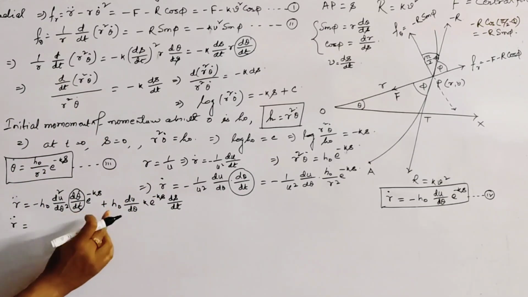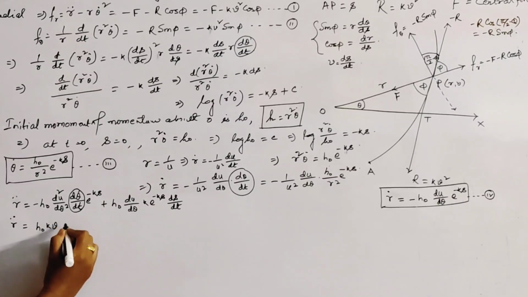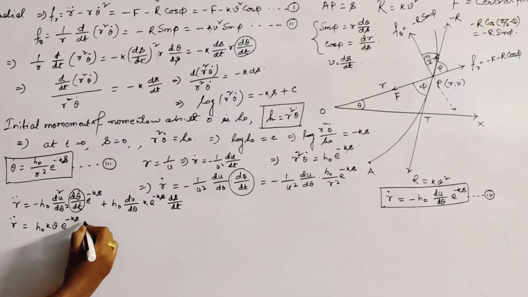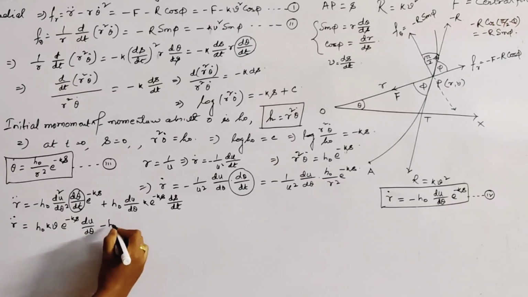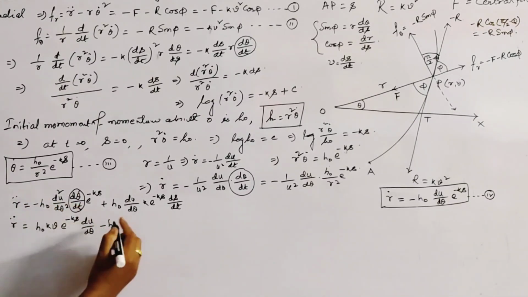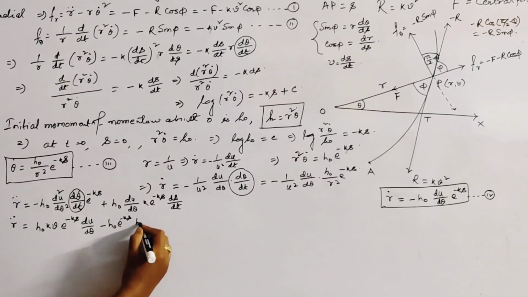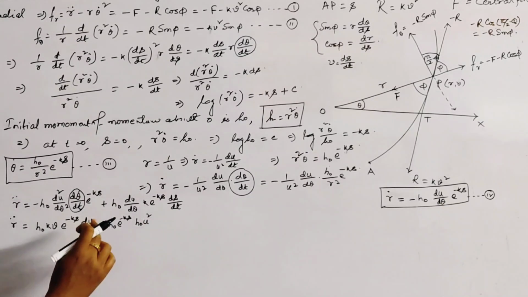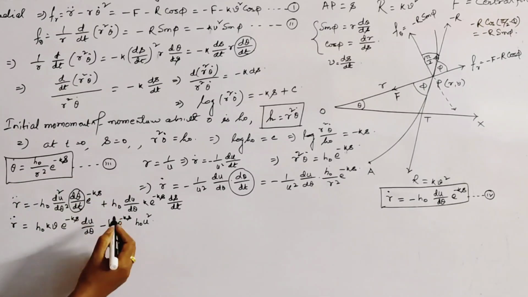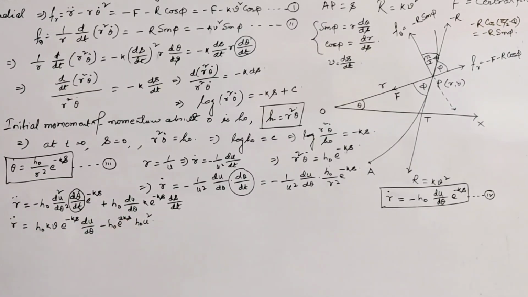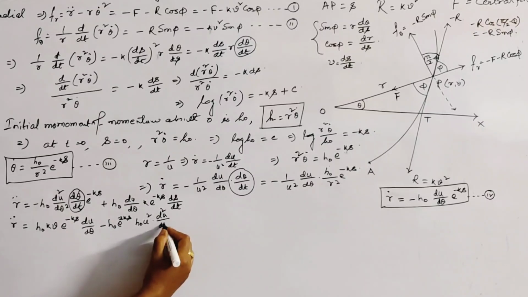We write first this term because this is positive: h0 k v e to the power minus ks into du d theta, and the second term is minus h0 into e to the power minus ks, and d theta dt means h0 into u square, h0 into u square into e to the power minus ks again, so this is e to the power minus 2ks, that is h0 and also d2u by d theta 2.